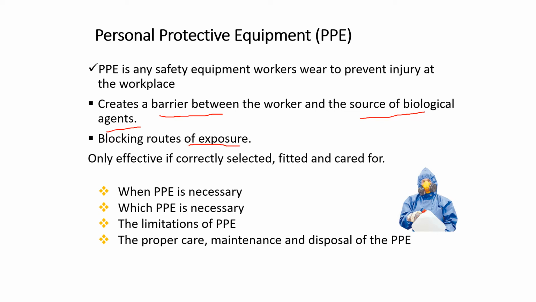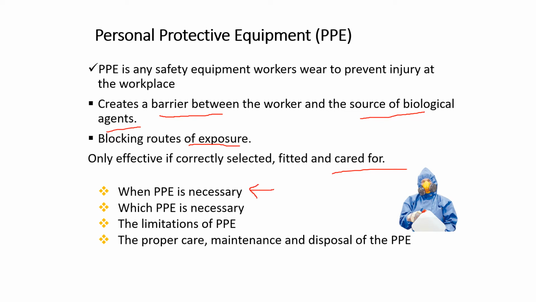So if you are using proper PPE, your body part is not exposed to that particular hazard. PPE is only effective once you select the right PPE, fitted correctly, and also care for it.